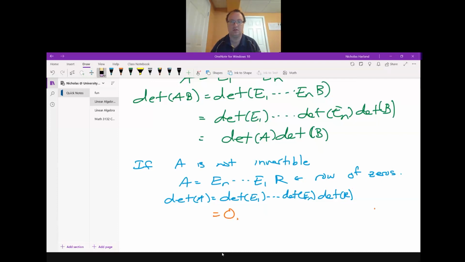So if A is not invertible, then the determinant is going to be 0. If A is invertible, we know the determinant is non-zero, which leads to its own property on its own. But in terms of this one right here, AB is also not invertible.